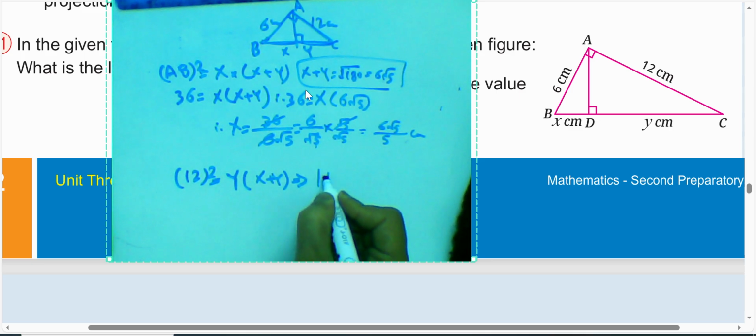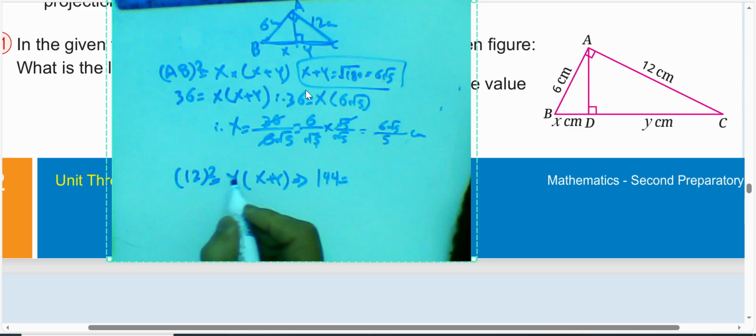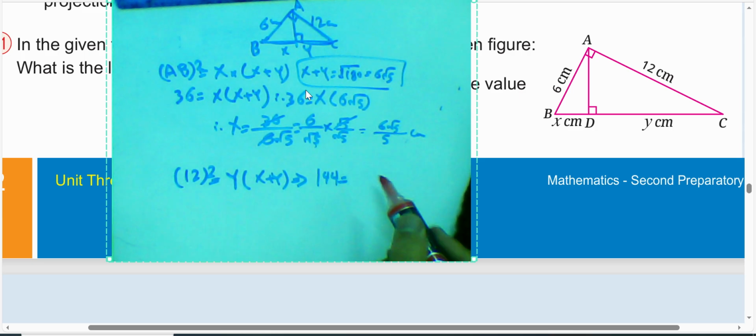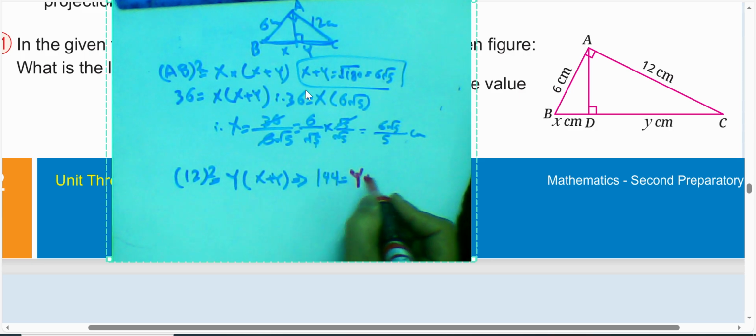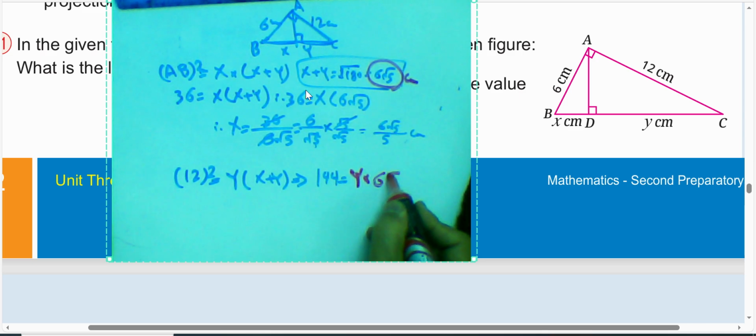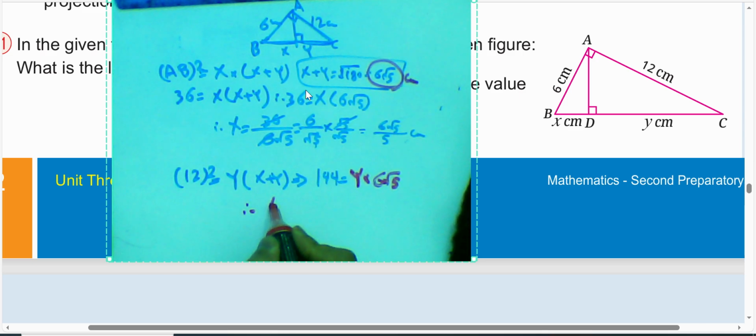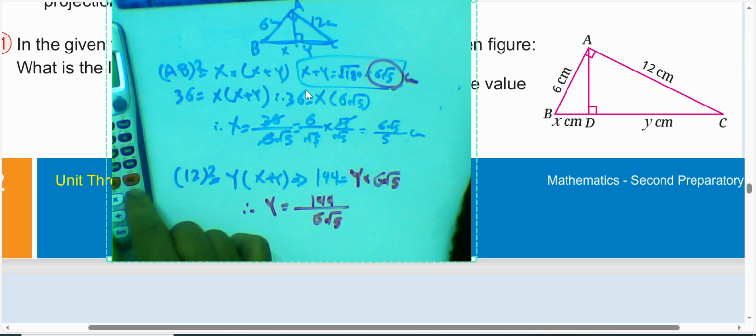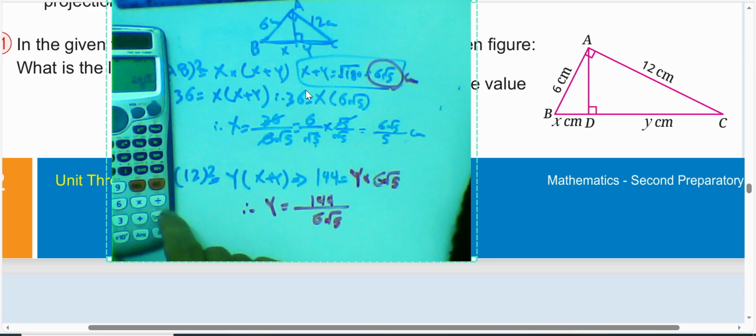Then 12 power 2, 144, equals y times the summation, 6 root 5 centimeters. Then y will be equal to 144 over 6 root 5.